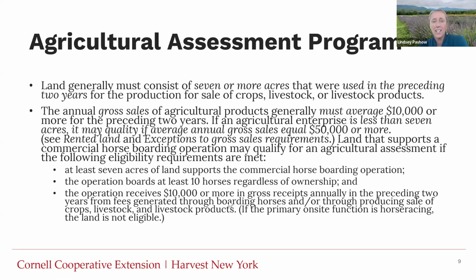Agricultural assessment. You do not need to get agricultural assessment in order to do agritourism, but it can help with some protection, so that it shows that you're farming. If you get agricultural assessment and you're in an agricultural district, it helps your case a little bit better. The agricultural assessment program also gives you a deduction so that you're not paying as high of a tax on that land.